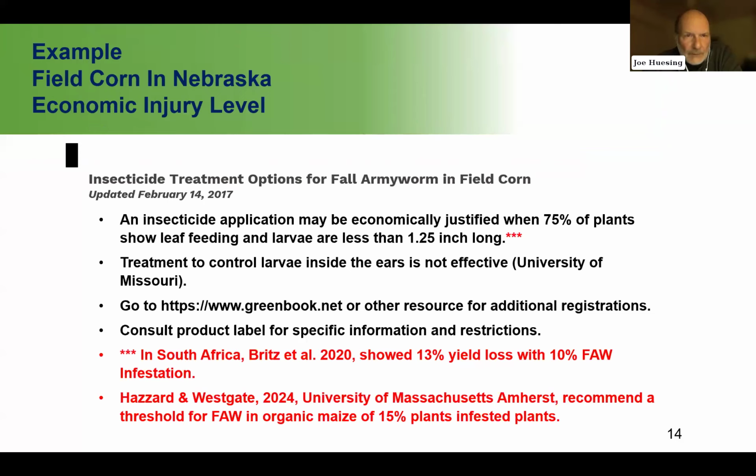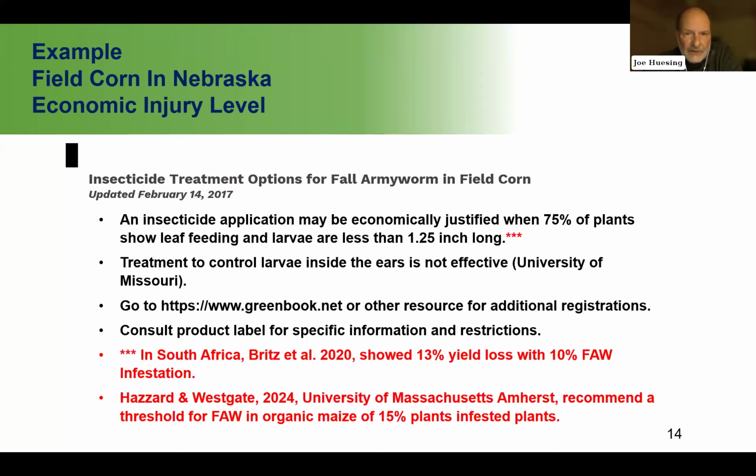So what I want to mention very briefly are these action thresholds. Normally for most places in North America, an action threshold of somewhere between 15 and 25% infestation in the field is considered an economic injury level that would warrant an intervention. But it doesn't have to be like that. So in the state of Nebraska that I showed you up front, farmers in that state are willing to live with up to 75% infestations before they implement controls.